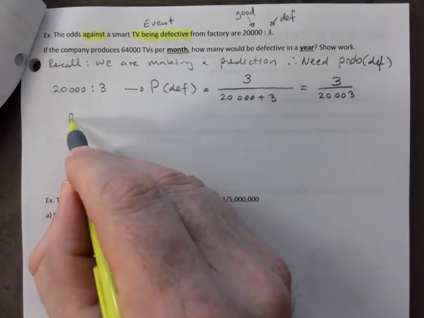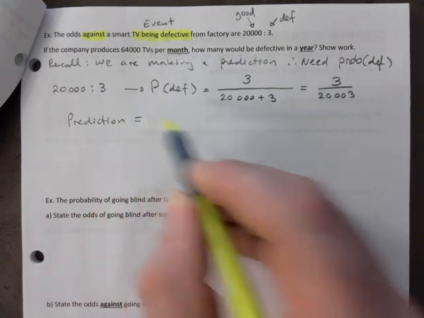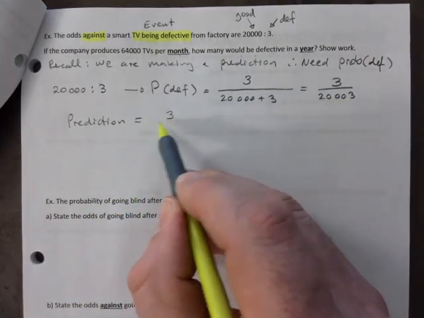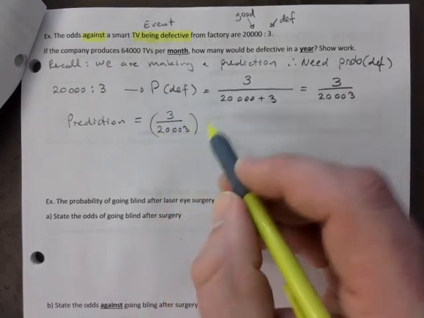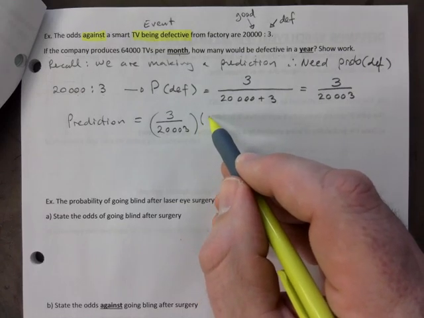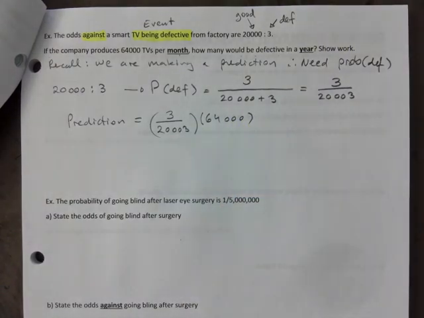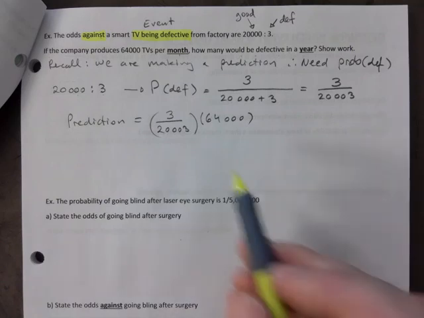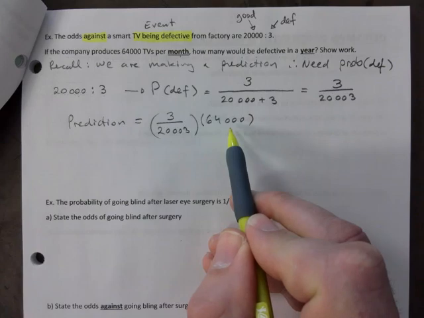So now we make our prediction. This is a 2-part question. We're going to go probability. 64,000 TVs, right? So this is a probability of being defective. You're making 64,000.